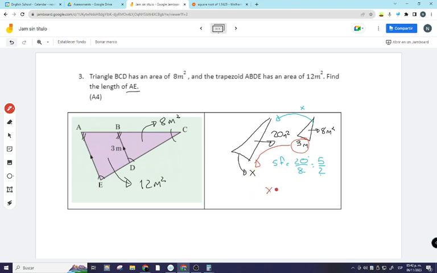So x should be equal to 3 multiplied by the square root of 5/2. Or if you prefer it in decimal, 3 multiplied by the square root of 2.5 gives you x.